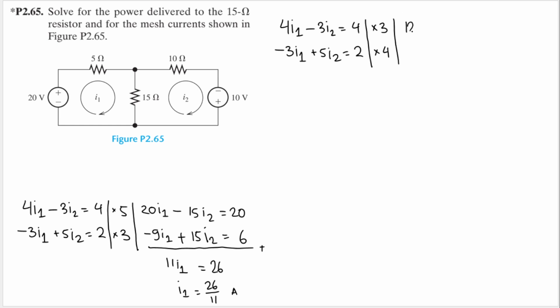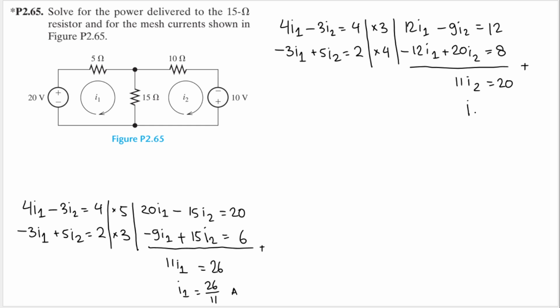And we will have 12 I1 minus 9 I2, that will equal 12. And for this one, I will have minus 12 I1 plus 20 I2, and that will equal 8. Let's add them up. So this will cancel out, and I will have 11 I2 equal to 20, or I2 is equal to 20 over 11, and the unit here will be ampere.